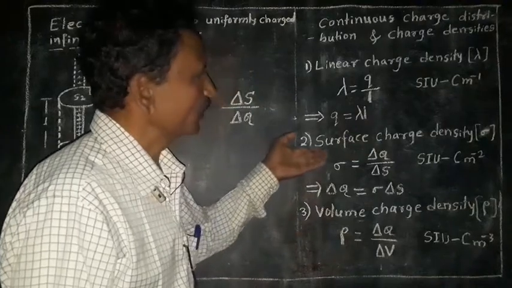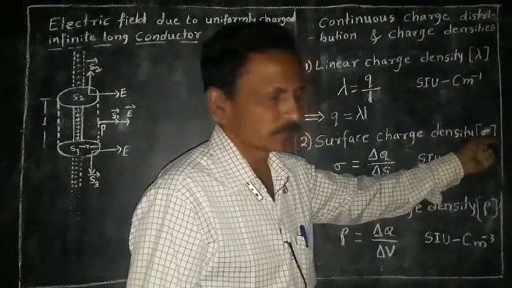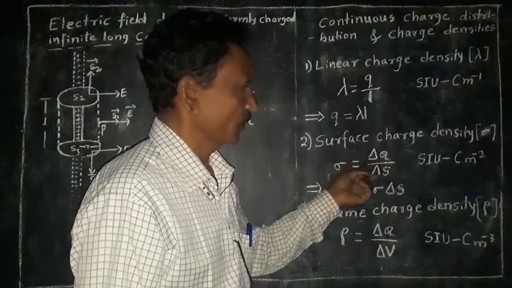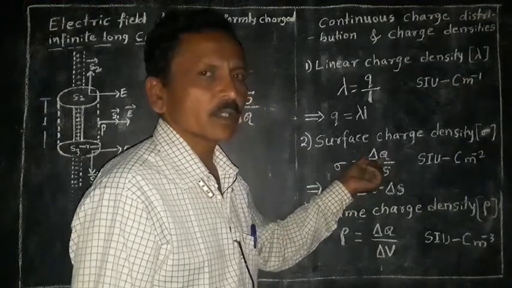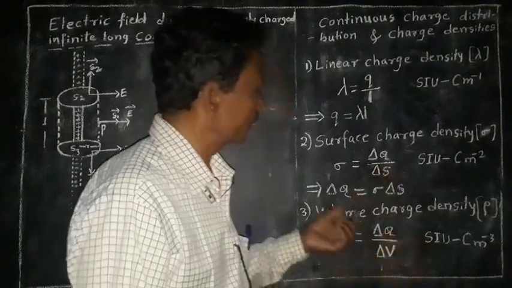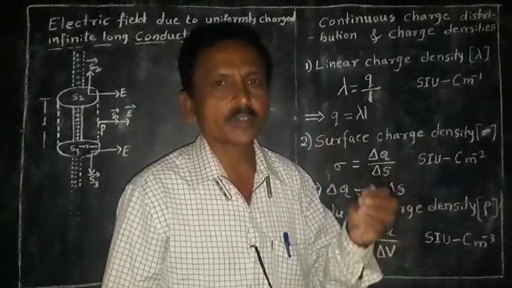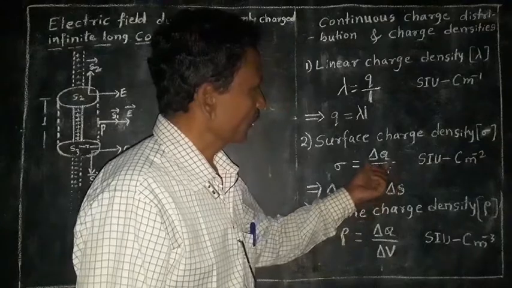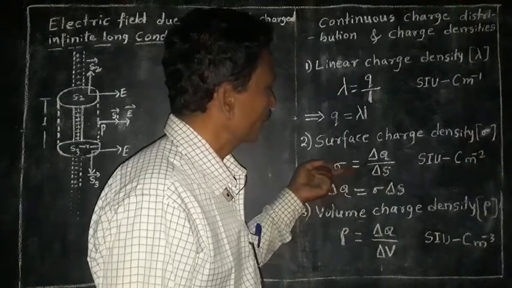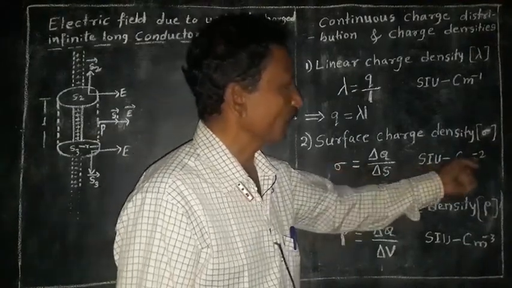And secondly, surface charge density, denoted by sigma, and sigma equal to delta Q upon delta S. Here delta Q is the amount of charge on a small element delta S. Thus, surface charge density is the amount of charge on unit surface, and the SI unit of surface charge density is coulomb per meter square.